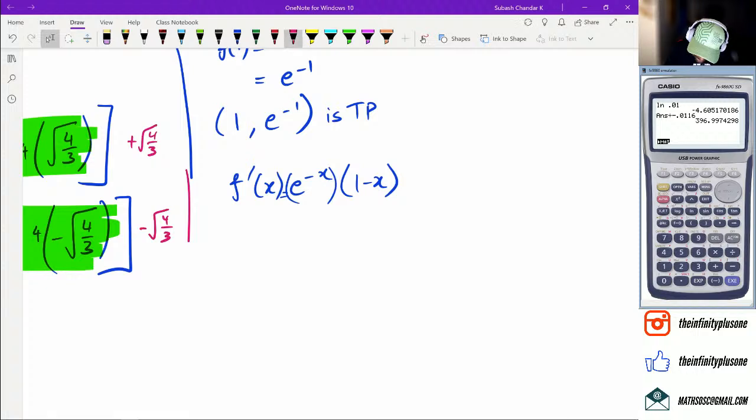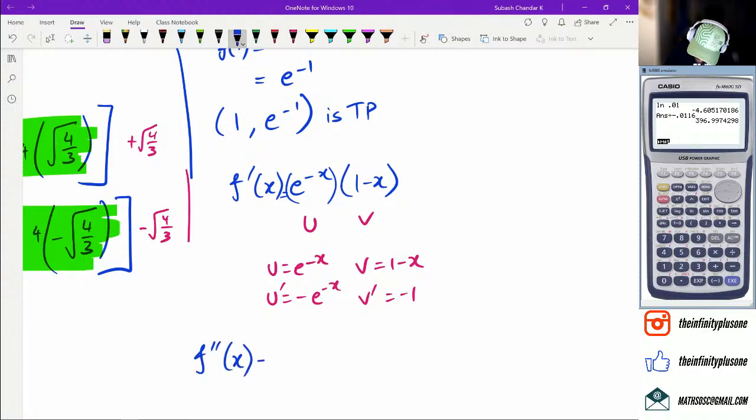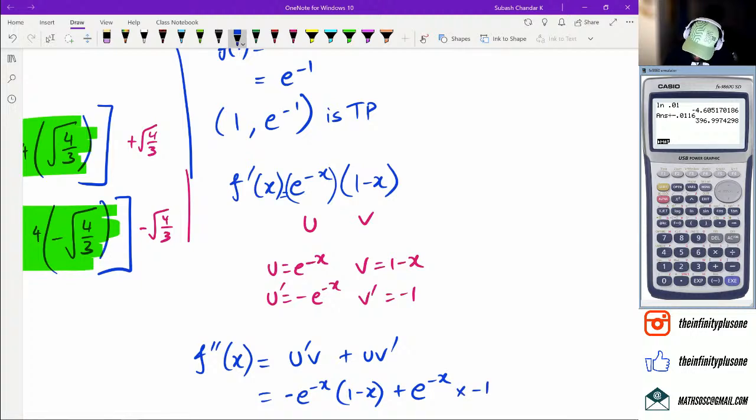This time u is equal to e^(-x), v is equal to 1 minus x. So u dash equals negative e^(-x), v dash equals negative 1. So f double dash of x equals u dash v plus u v dash, which means negative e^(-x) multiplied by (1 minus x) plus u, which is e^(-x), times negative 1.